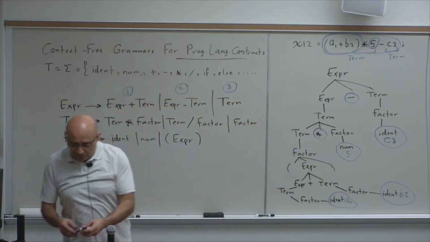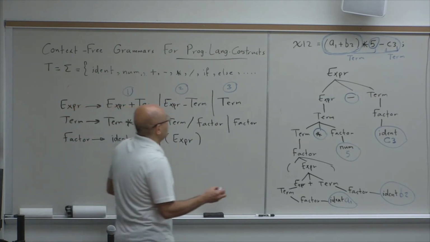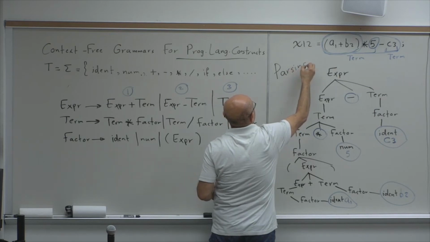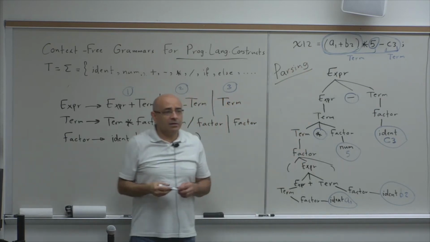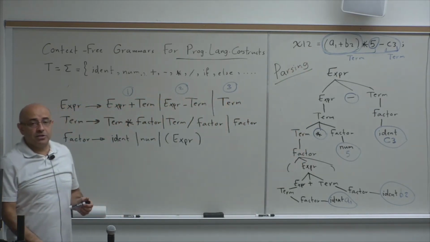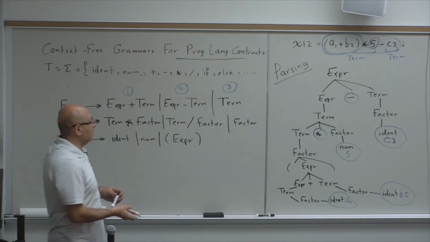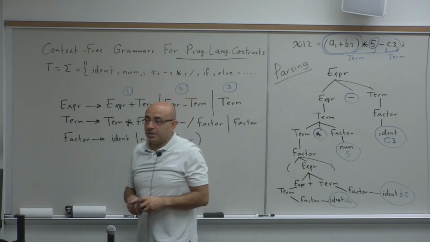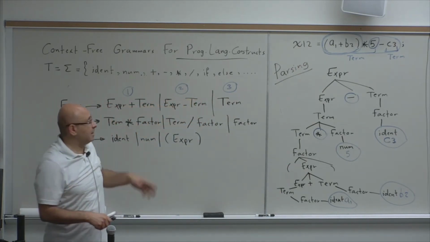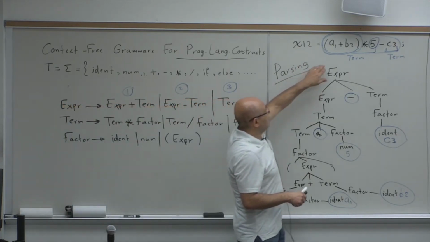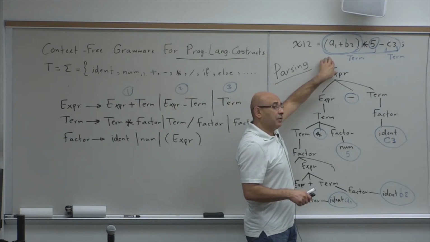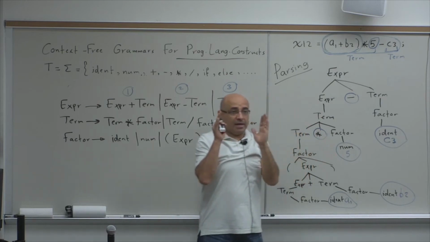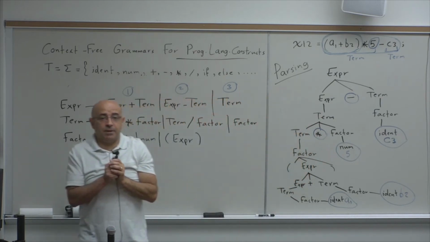So this is what parsing is. Parsing in a compiler is a systematic procedure for finding a valid derivation for a given program, or at this level, a given sequence of tokens. For us, at this level, the program looks like a sequence of tokens that were recognized by the scanner.